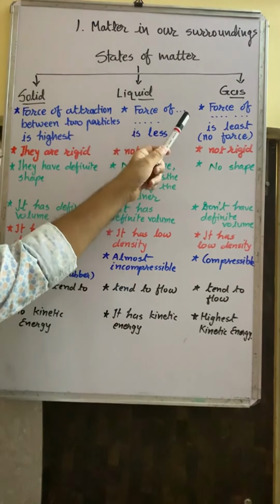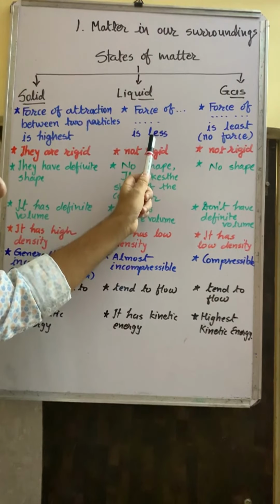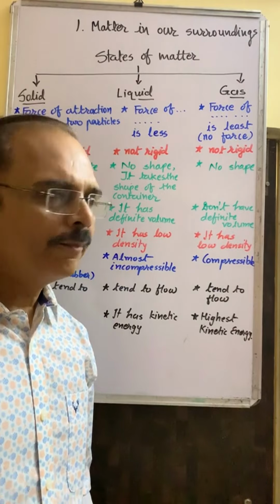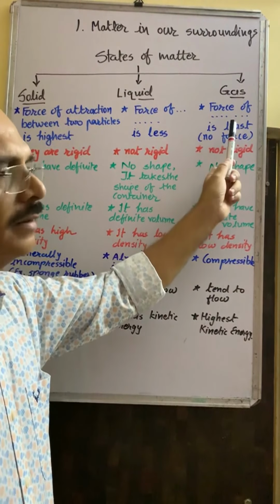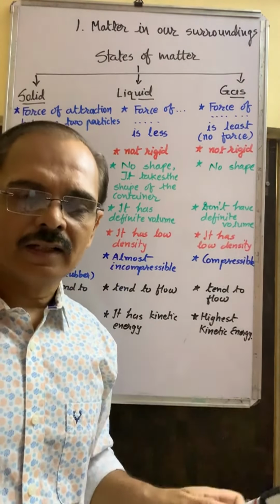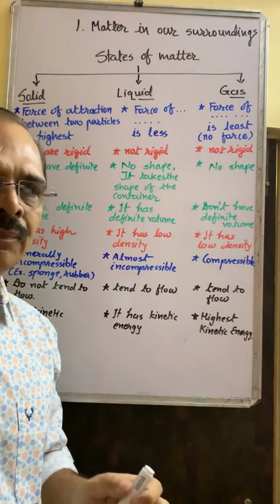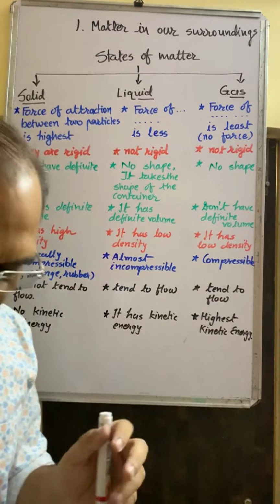In the same manner here, the force of attraction between two particles is less, and that's why it is called fluid. Okay, force of attraction is less means little or no force of attraction between two molecules, so it can spread very easily.